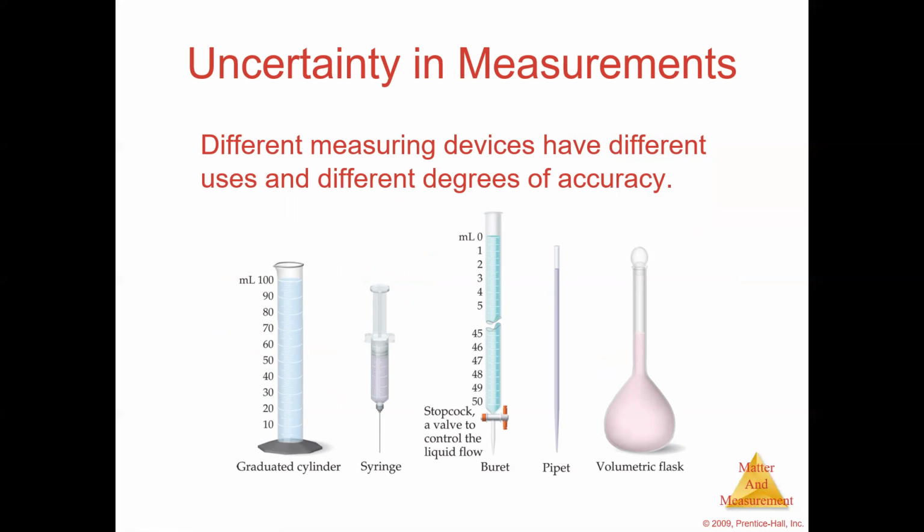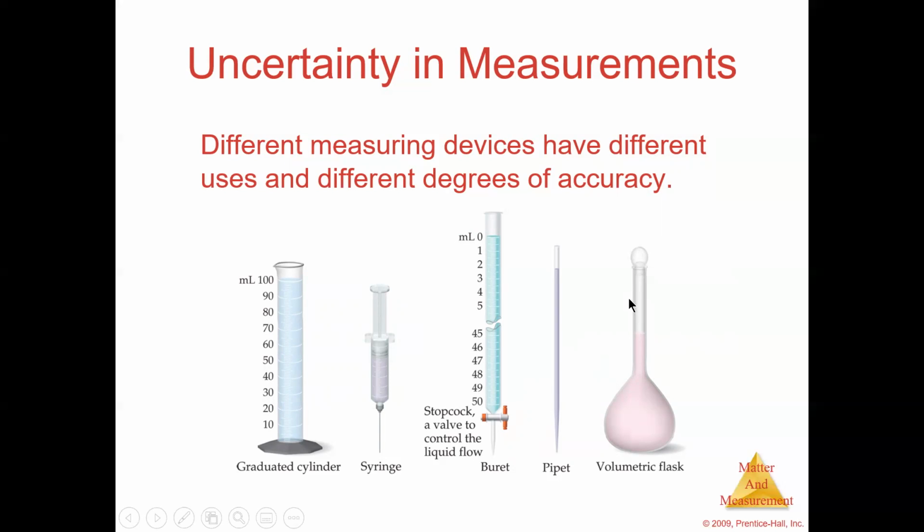So if I look over here at this graduated cylinder, it has markings at every 10 milliliters, and it has some smaller ticks in between. This syringe doesn't have anything labeled on it, so I don't know what I'm supposed to do with that. This guy is pretty precise here. If we look, he has bigger lines at every milliliter, and then he has tick marks in between. So this guy has a higher level of precision than this guy.